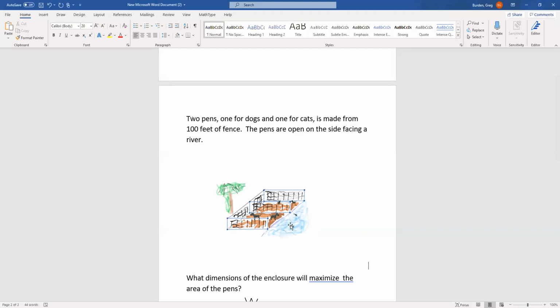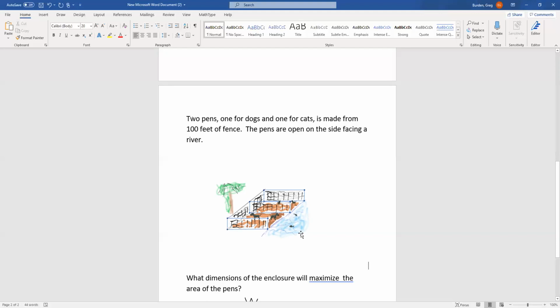Cats don't like water, so they're not likely to jump in there and create any trouble. We have a total of 100 feet of fence to use. The pens are open on the side that's facing the river, so that side doesn't need any fencing. However, there is a section of the fence which separates the dogs from the cats. So there's no conflict there.